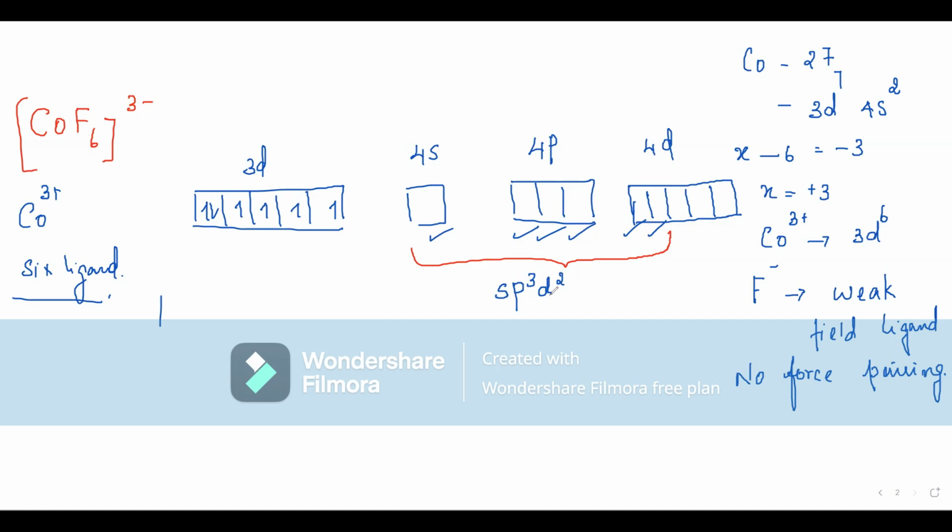The d orbital is present after the s and the p. So here this is an outer orbital complex, because the d is positioned after s and p.